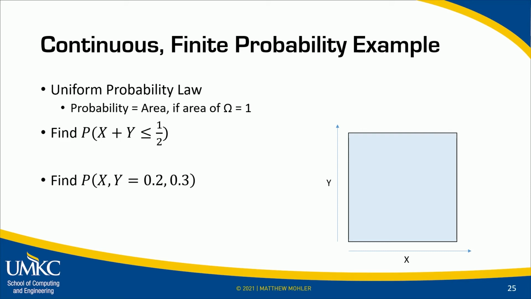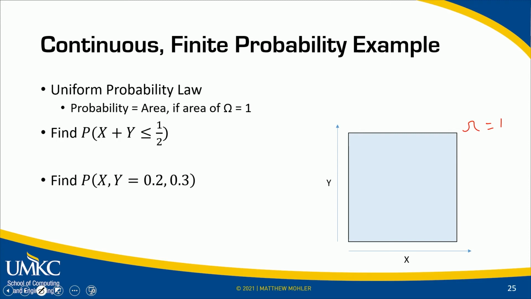And so the uniform probability law basically says that as long as we have our sample space, that is omega, normalized to an area of 1, like we always should, the probability of an event occurring within that area is just equal to the area.